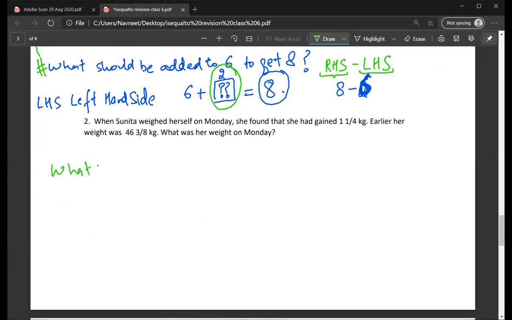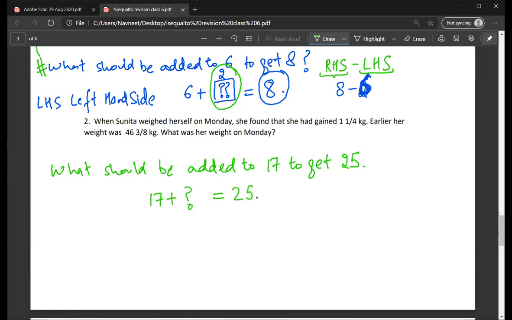How will you calculate what should be added to 17 to get 25? How will you write this? 17 plus something is equal to 25. Satya, have you understood? Yes.